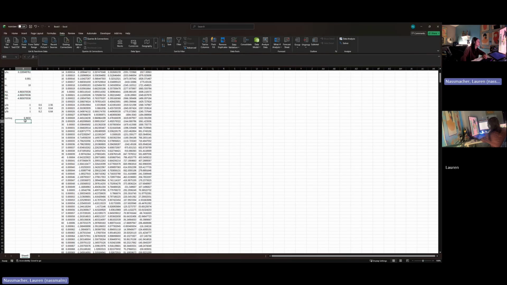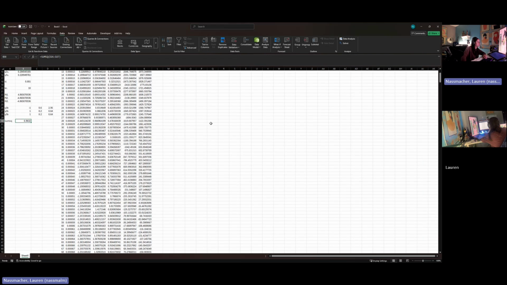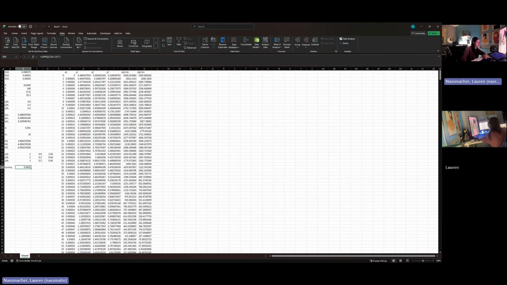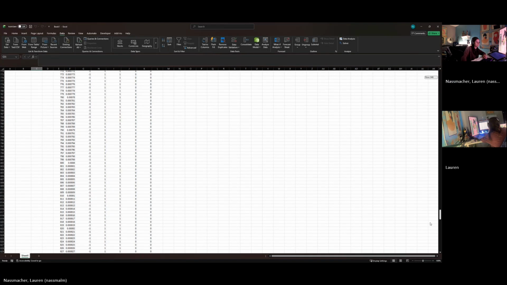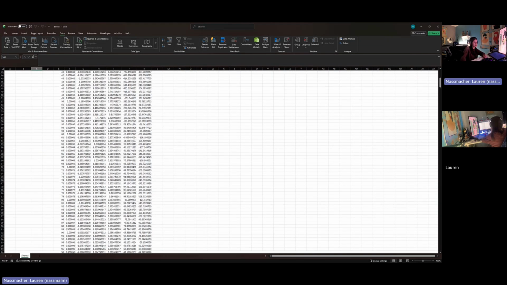So our sum square value has also changed. You can minimize that if you'd like. I think it's the same. Okay. So you notice that in diffusion equations like this, the catalytic surface will actually use a lot of the energy.